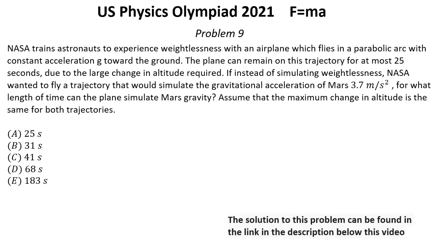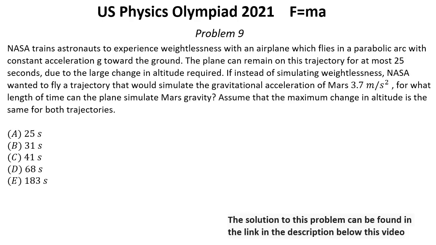Problem number 9. NASA trains astronauts to experience weightlessness with an airplane which flies a parabolic arc with a constant acceleration g downward toward the ground. The plane can remain on this trajectory for at most 25 seconds due to the large change in altitude required.